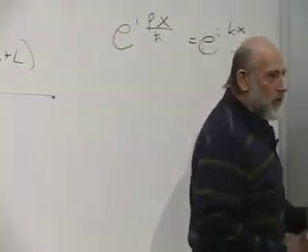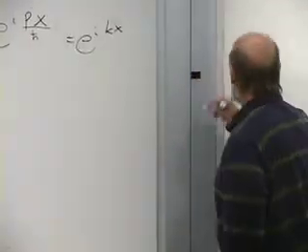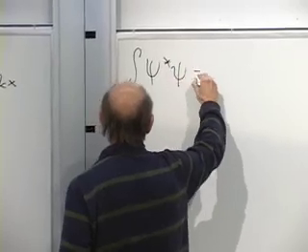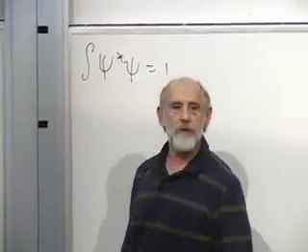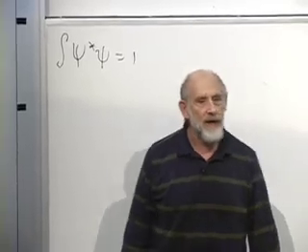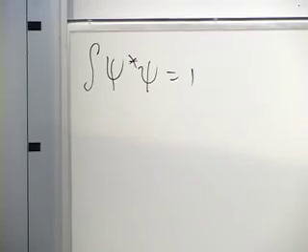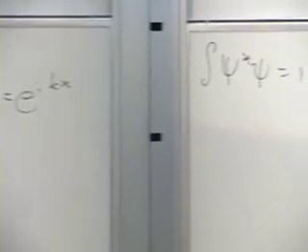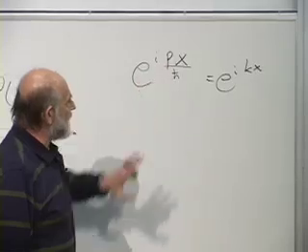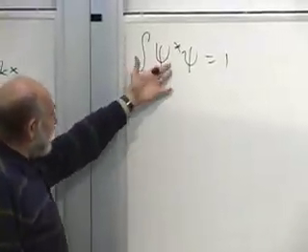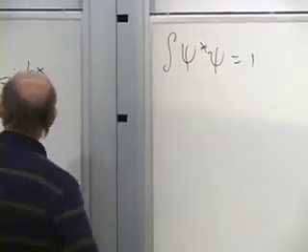Remember, the rule for a normalized wave function is that the integral of psi star psi should be equal to 1. That's basically the statement that the total probability of finding the object someplace should add up to 1. If I take this wave function with p as a parameter and multiply it by its conjugate, psi star psi would just be equal to 1.